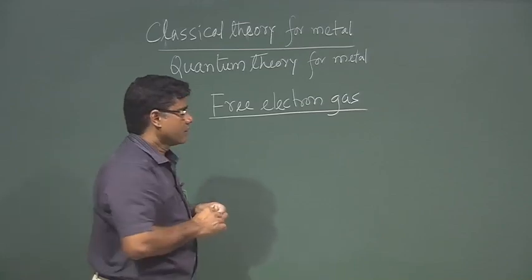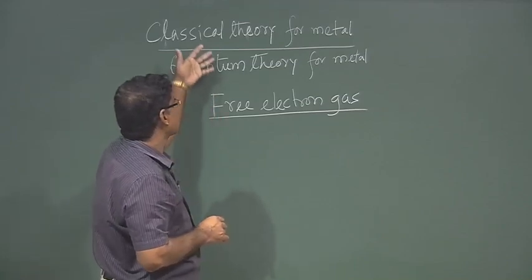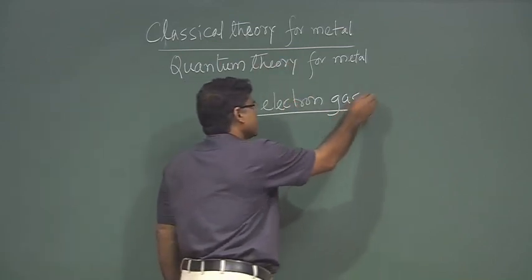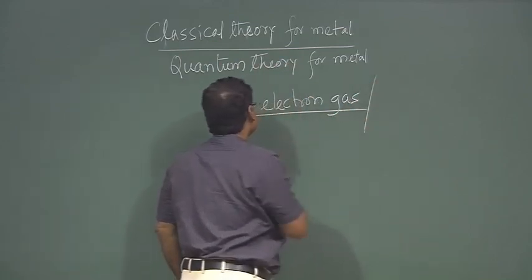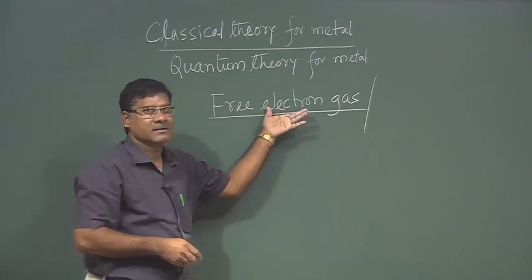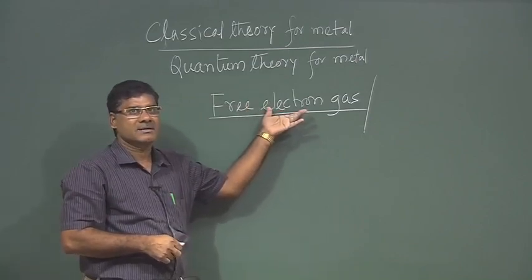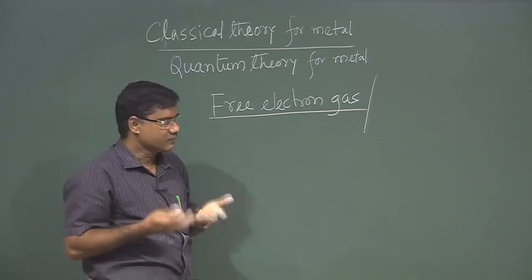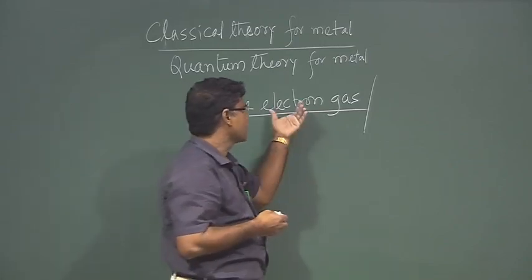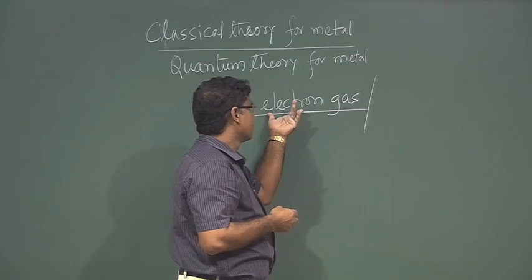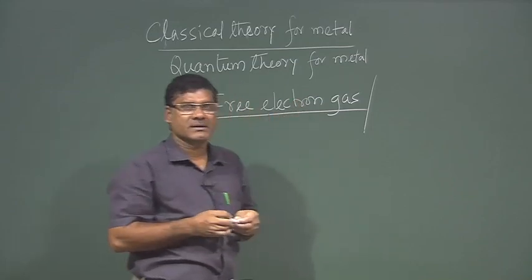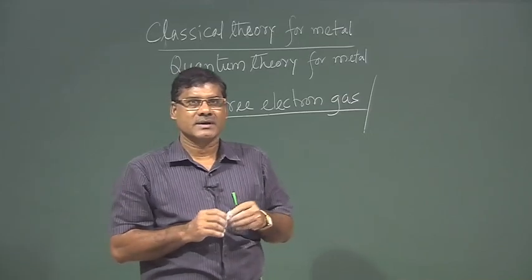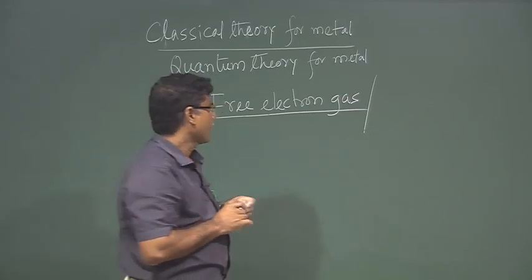Now, the failure of this classical theory is basically that here these electrons are considered like gas atoms in gas form. So, atoms were neutral, whereas the electron has charge. That is the big difference.